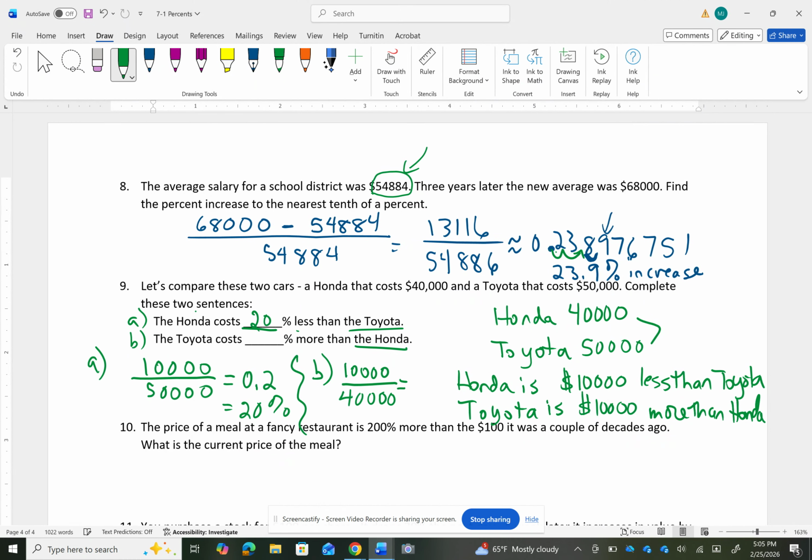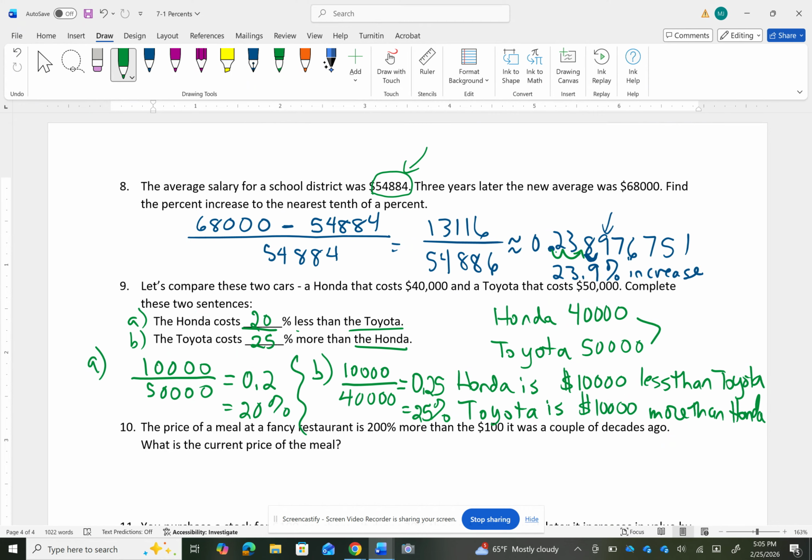And if I did that, that would be 0.25, which is really 25%. So the Toyota cost 25% more than the Honda. So that means if I took the Honda's price and I found 25% of it, I'd get 10,000, and I'd want to add that to the Honda price to get my Toyota.